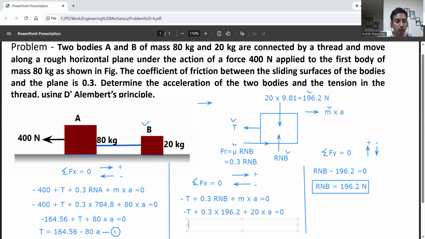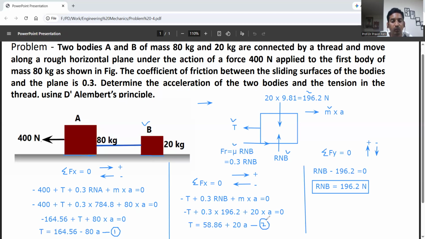So T is equal to, taking T from the left side, it becomes positive: 0.3 into 196.2, which is 58.86, plus 20 into a. This is equation number 2.